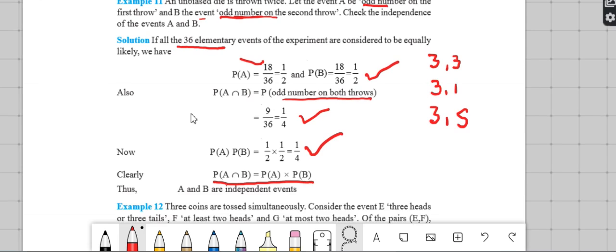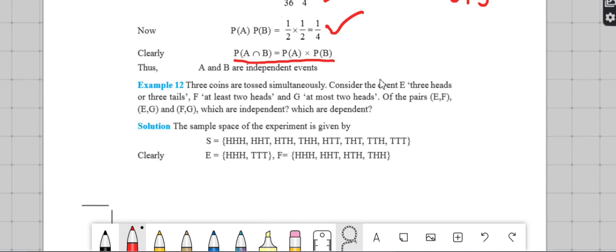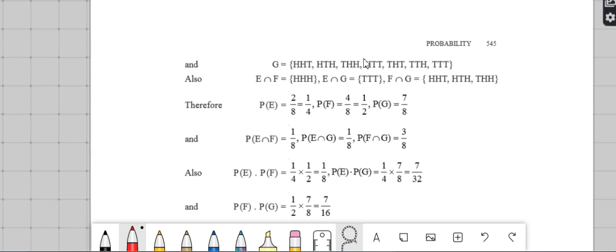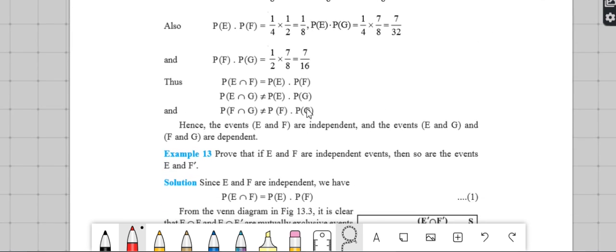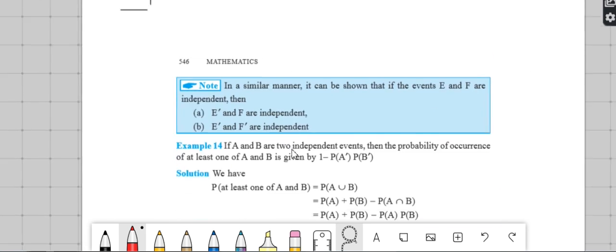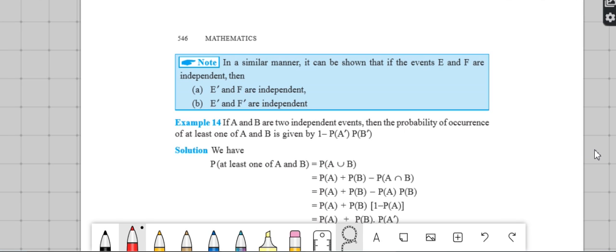Now I am not discussing all the questions. We will discuss exercise 13.2 in the next lecture, but please kindly remember this one.